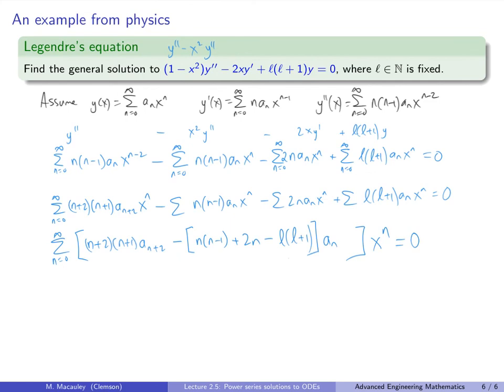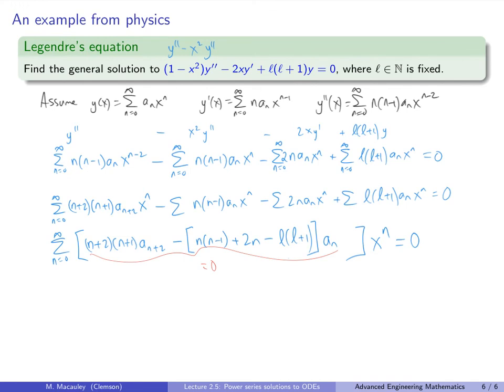Did I get my signs right? Yes, that's minus, minus and plus, this is a plus, that's a minus and minus. Okay, so this is what we have. Now we want to set this equal to 0.